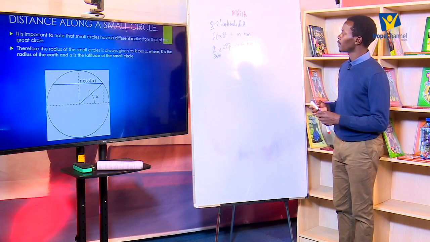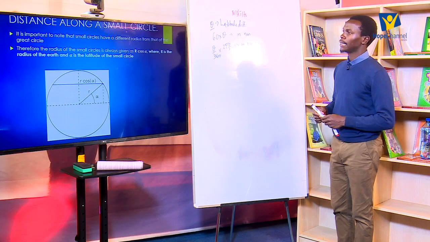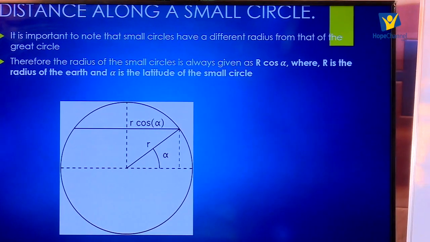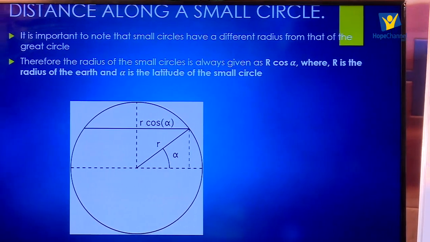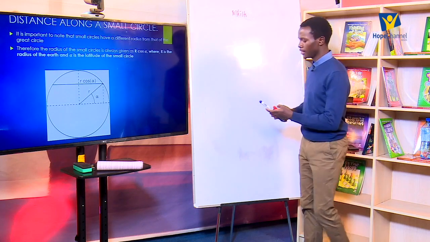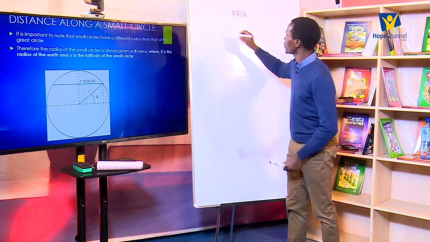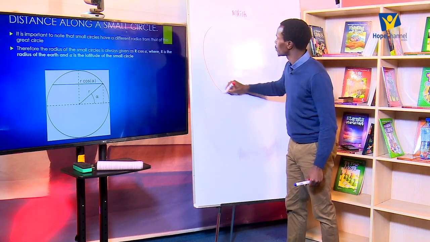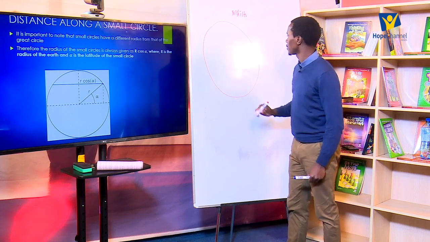But now we're going to look at something different, which is calculating the distance along a small circle. Distance along a small circle. Allow me to clean this one here. Now remember we said that the small circles are those which run from east to west of the Earth's surface.